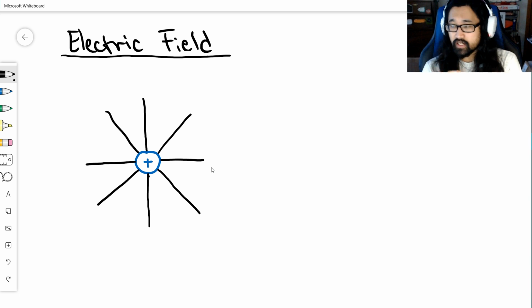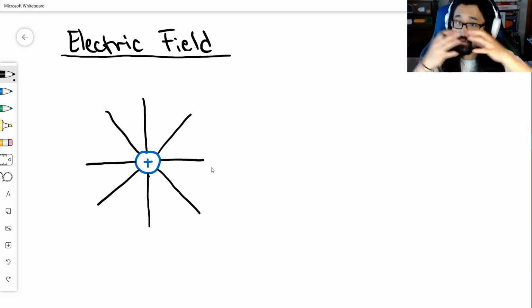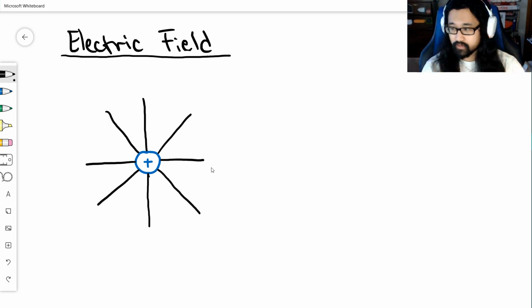How close the lines are, the line density for lack of a better term, represents how strong that field is. If they're close together, it's fairly strong. The further apart they get, the weaker the field gets.